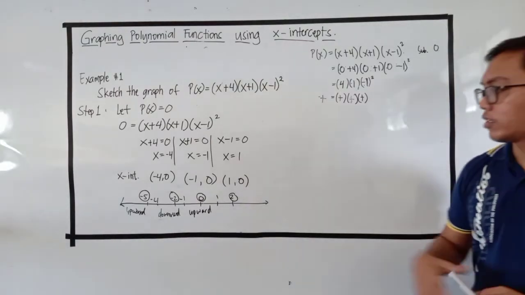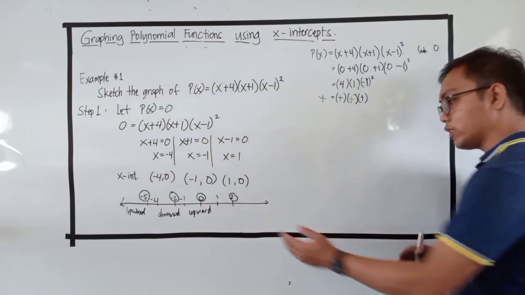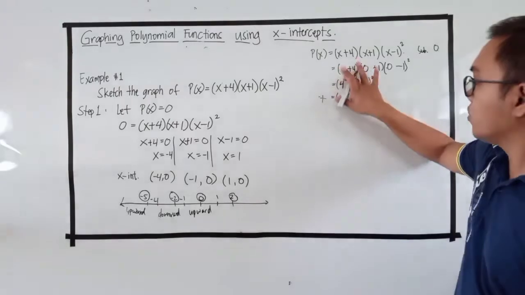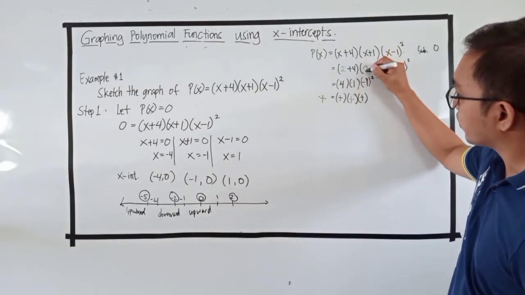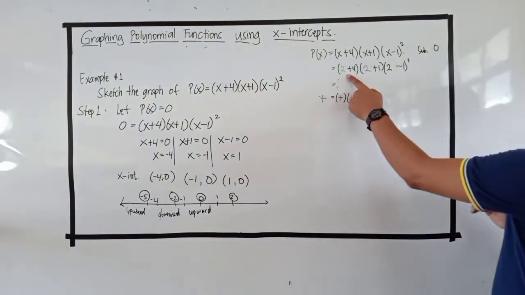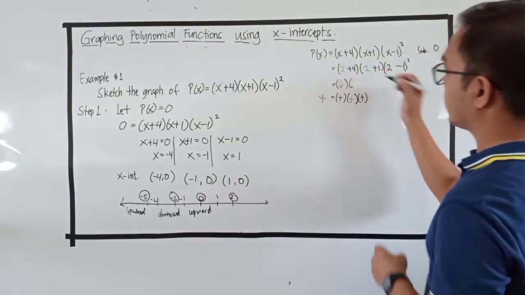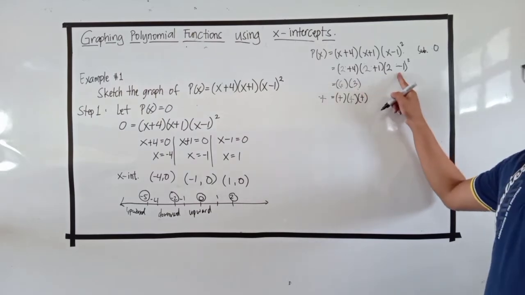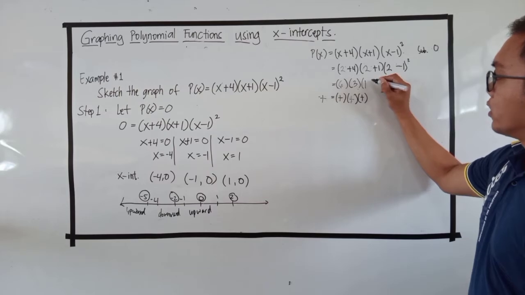And last, we're going to substitute 2 to know the final trend of the graph on the right side of our graph. Lastly, we substitute positive 2 in our equation. 2 plus 4 is 6. 2 plus 1 is 3. 2 minus 1 is 1.